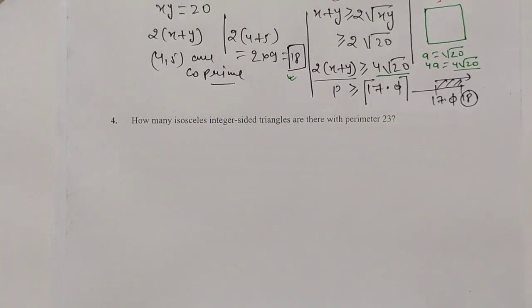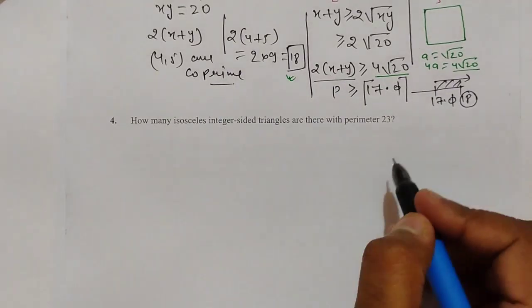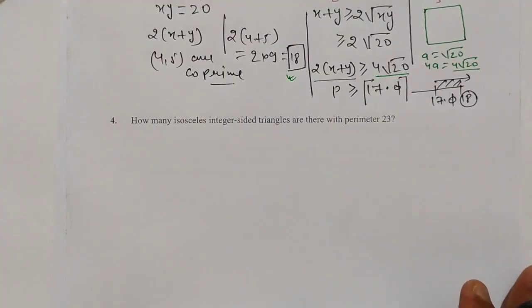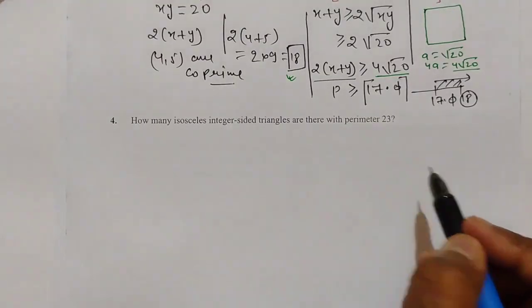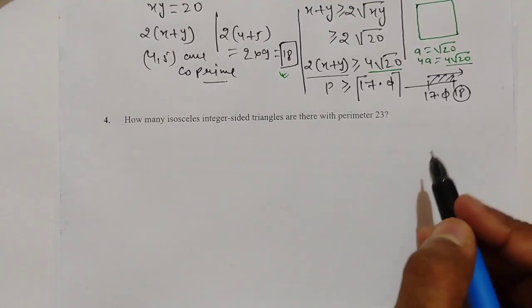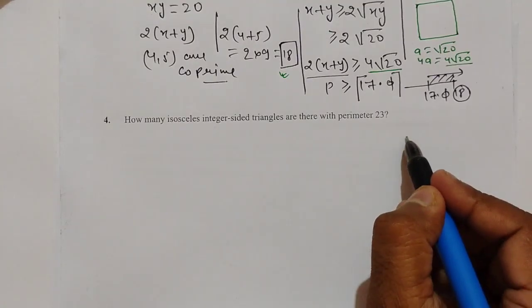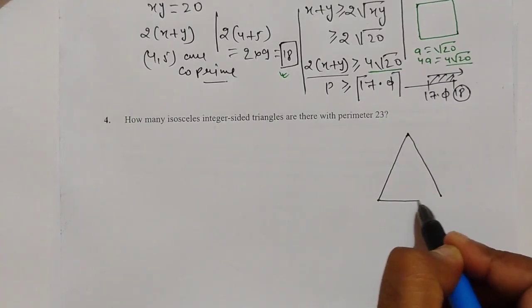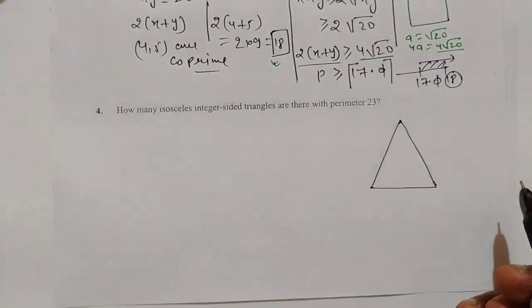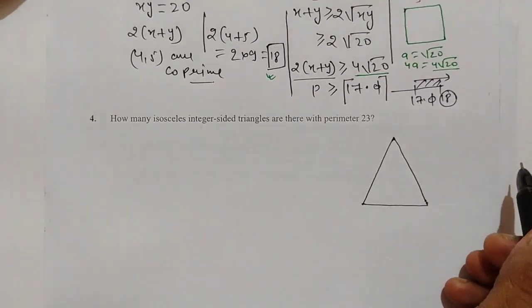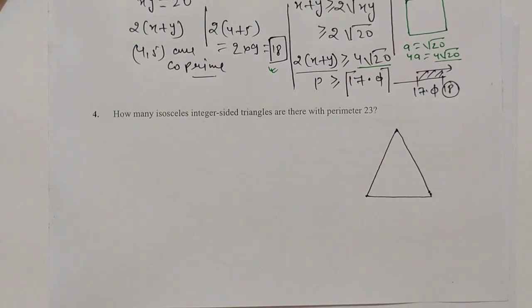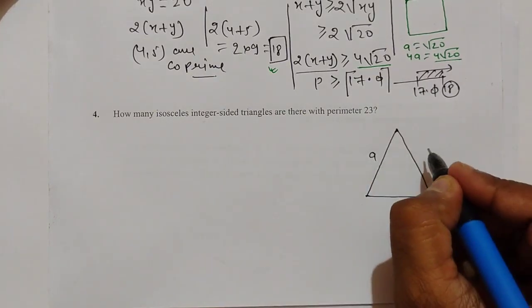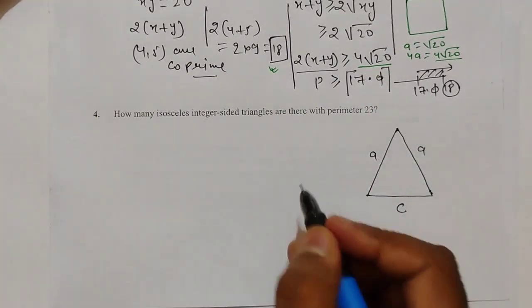So suppose we have a triangle like this, and the lengths are A and C.